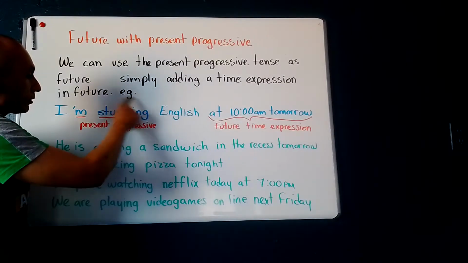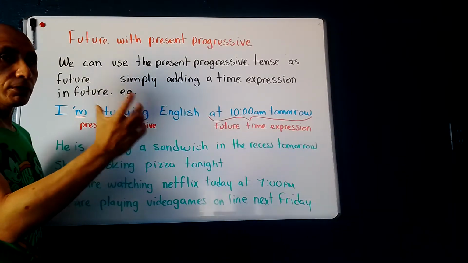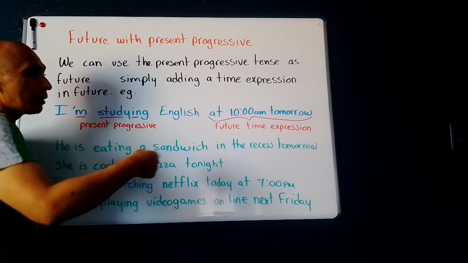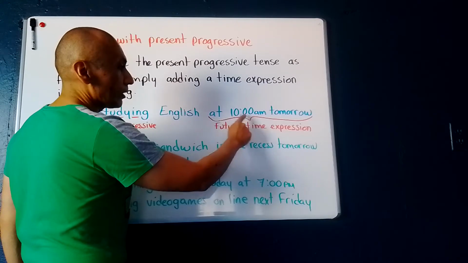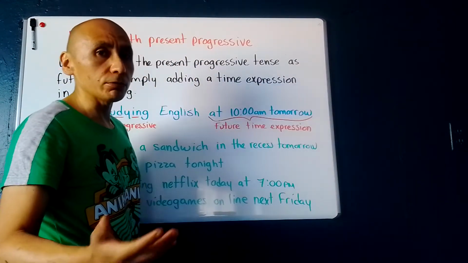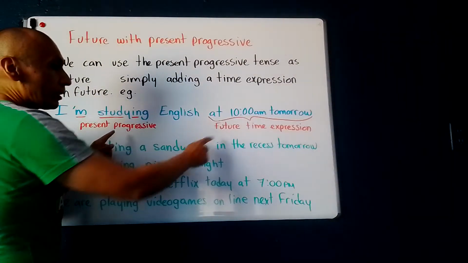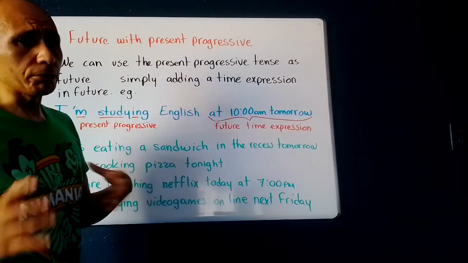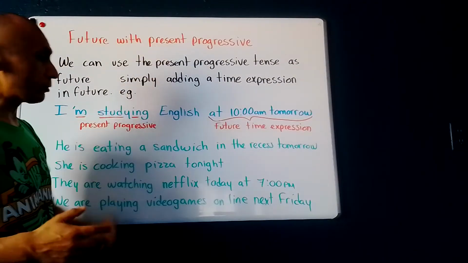Well, I'm studying is going to be my present progressive core. And my time expression in future is going to be at 10 a.m. tomorrow. When I say tomorrow, I make reference already to the next day. So these are the two elements that are going to be basic to have in this structure.